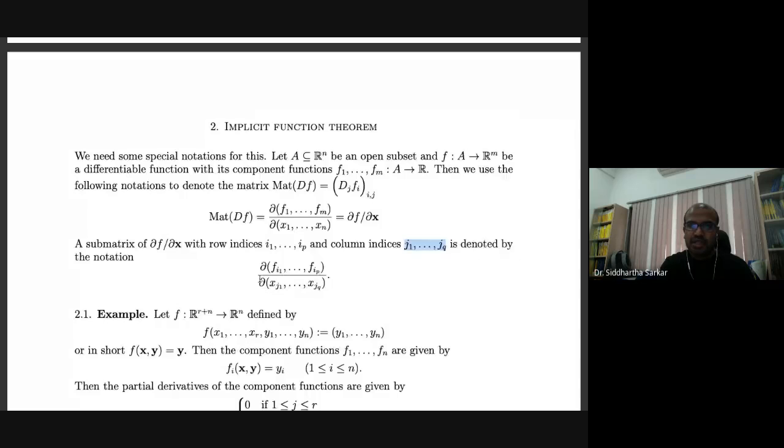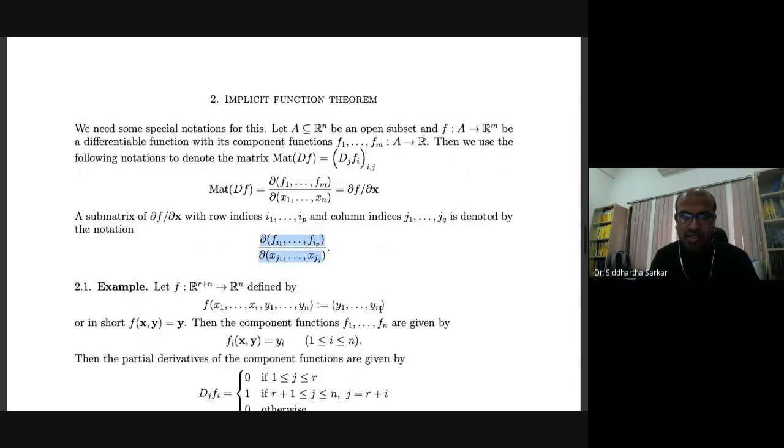Then this particular notation would represent the matrix given by choosing the i1th up to ipth rows and j1th up to jqth columns. This is the minor corresponding to that particular selection of indices. So this notation is going to be useful.